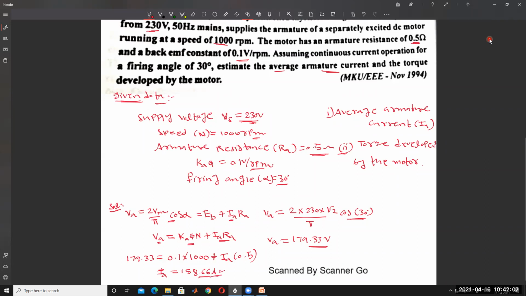So this is the average armature current, and then the torque. How do we find the torque? Torque is K into phi into IA.